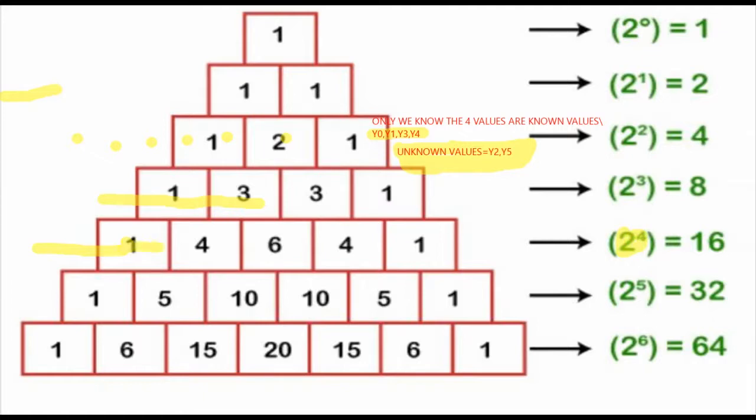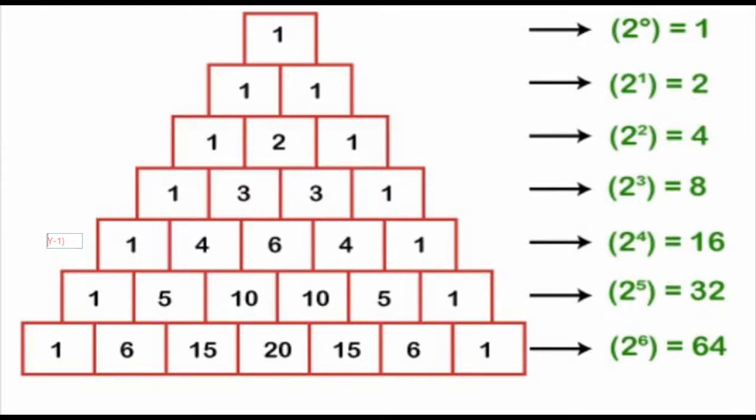It means here we will consider all these values, by the help of the Pascal triangle. These all are considered as the values of (y minus 1) to the power of 4, right?